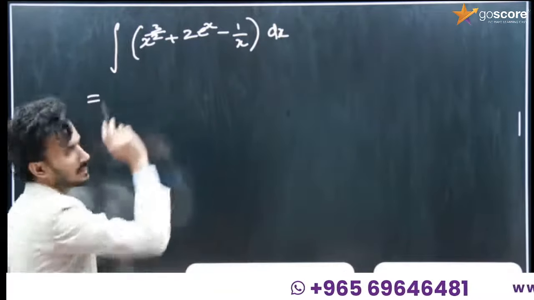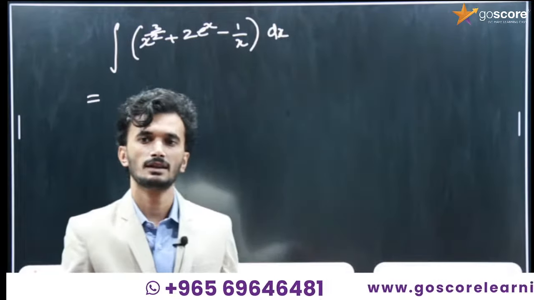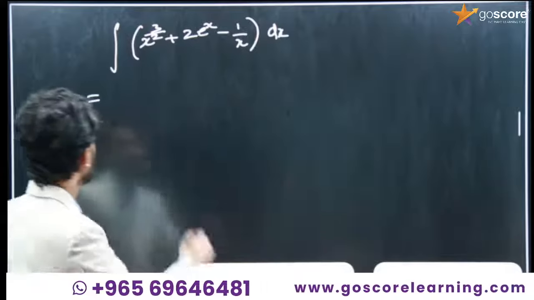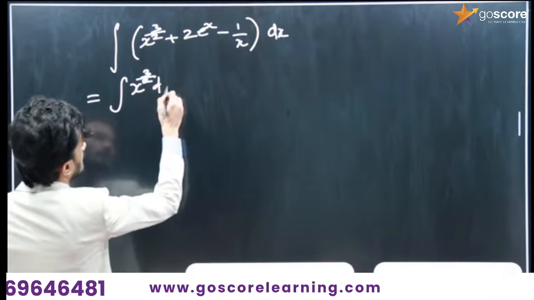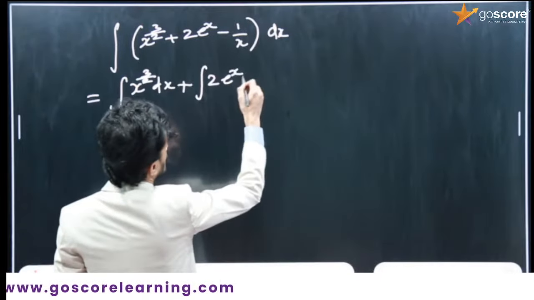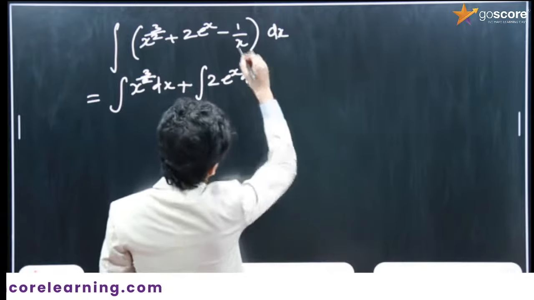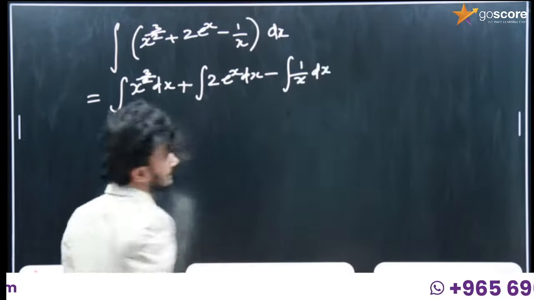Here you can see three functions, f of x, g of x, and p of x. So individually integrate each function: integrate x raised to 3 by 2 dx plus integrate 2 e raised to x dx, minus integrate 1 by x dx.